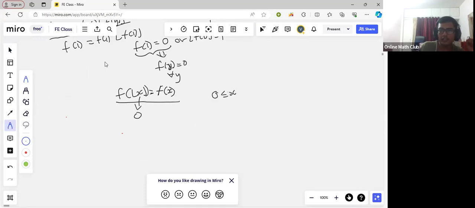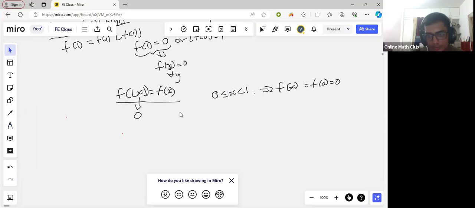That is, we take 0 at most x less than 1. This implies f of x equal to f of 0 equal to 0. So if x is from 0 to 1, then we get f of x equal to 0.